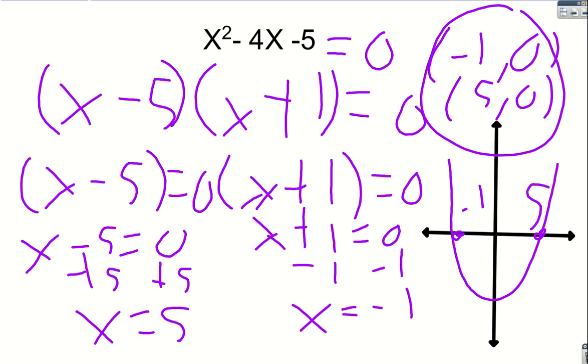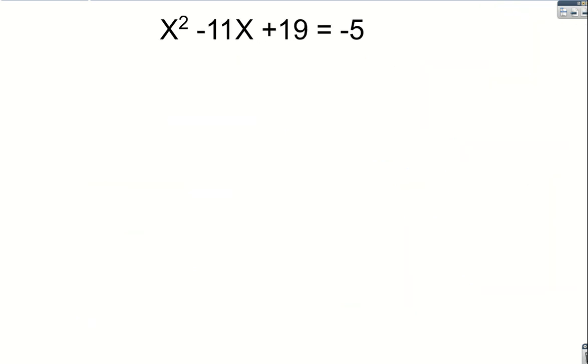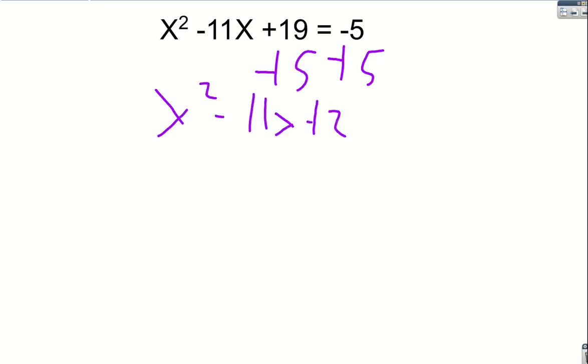All right. For our next example, though, it's not set equal to 0. So the first thing we have to do is get one side of the equation set equal to 0. Now that we have this, we can now factor.